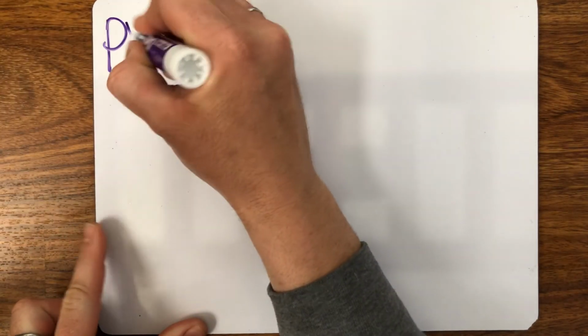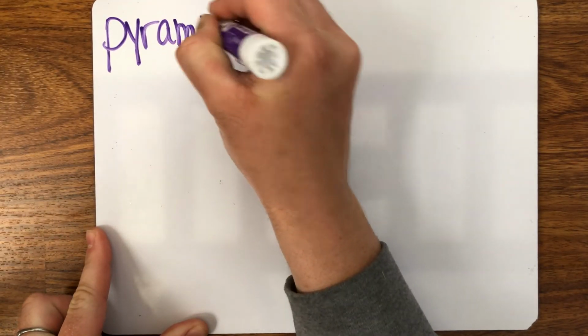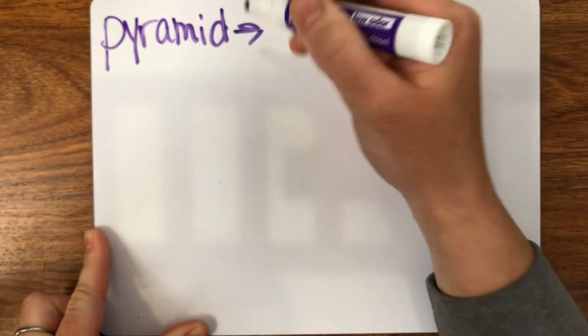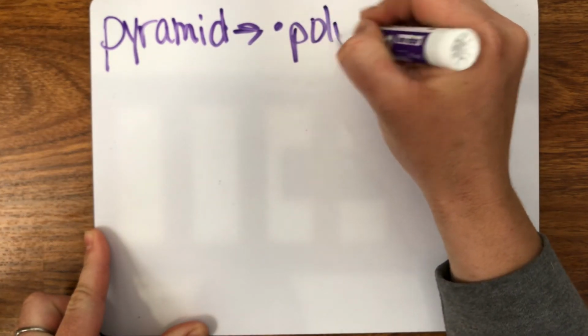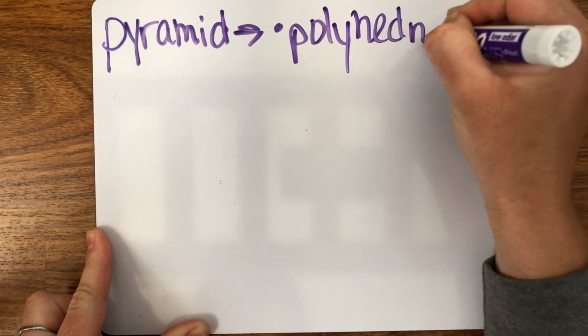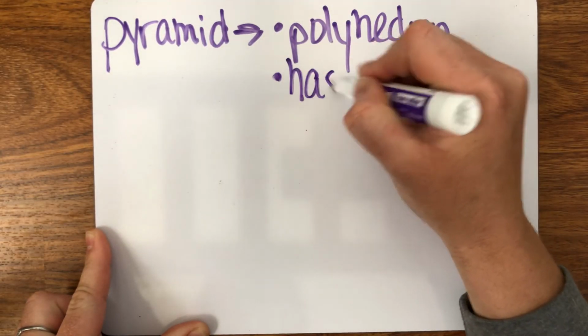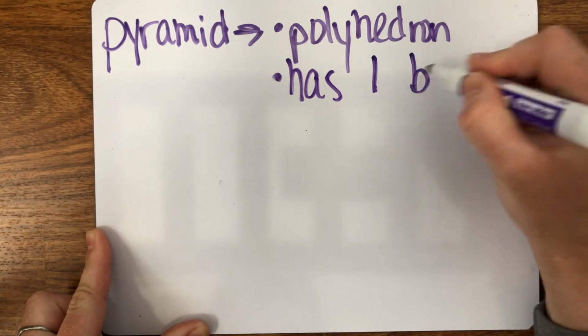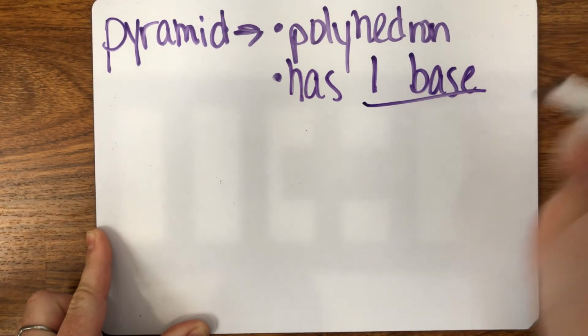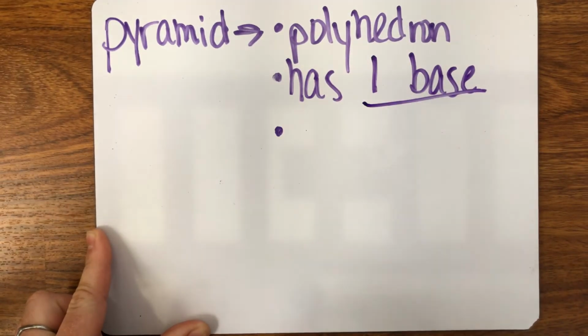Let me erase this board. All right, so the definition of a pyramid, okay, it is a polyhedron again, made out of polygons, and it's 3D. It has one base. That is important. It has one base, okay?